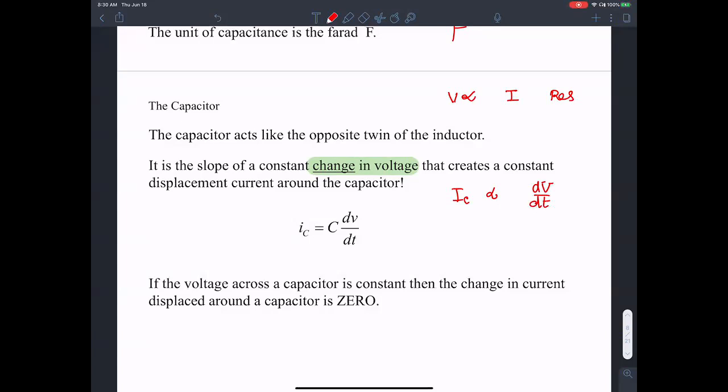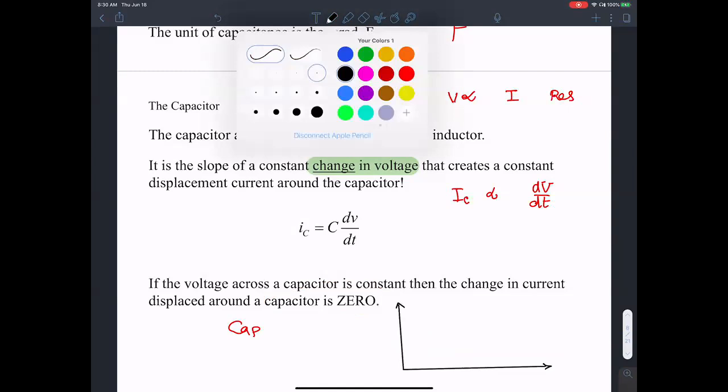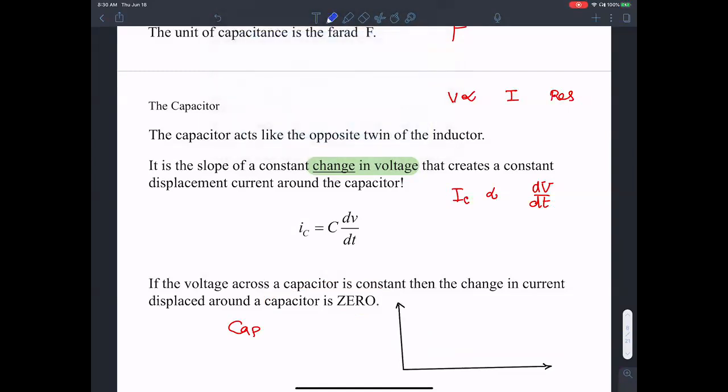Okay, if the voltage across a capacitance is constant, then the current around the capacitance is zero. Okay, so this is something you want to remember. Let me give you a piece of information that you want to remember for the rest of your career as engineers.